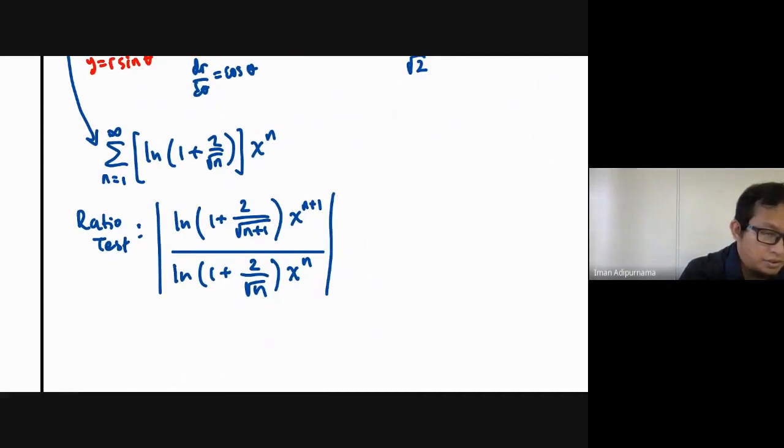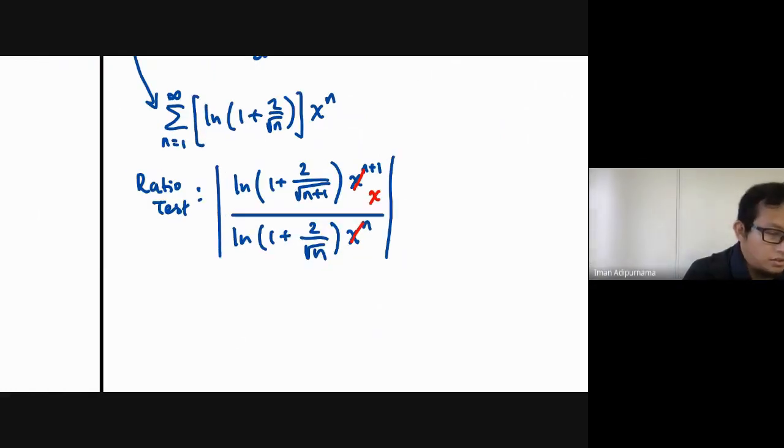Okay, now let's solve this first. So resulting in x, and we can write a limit.